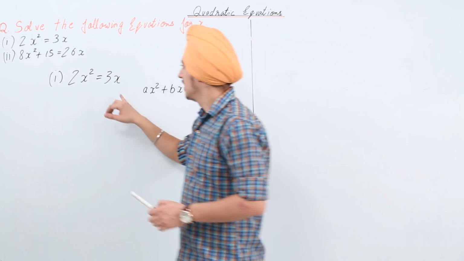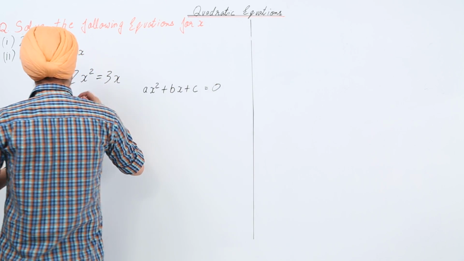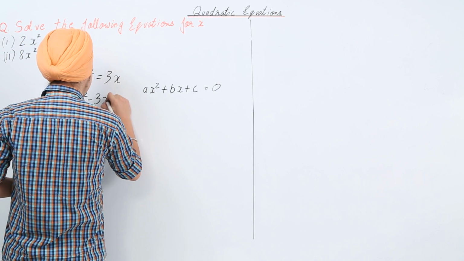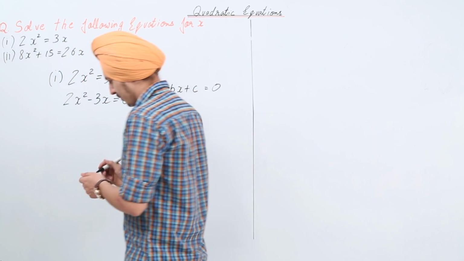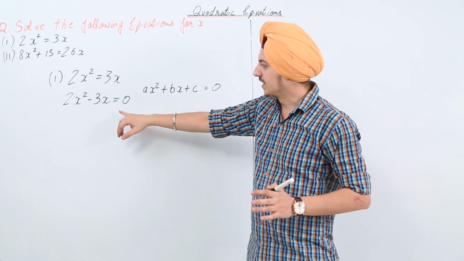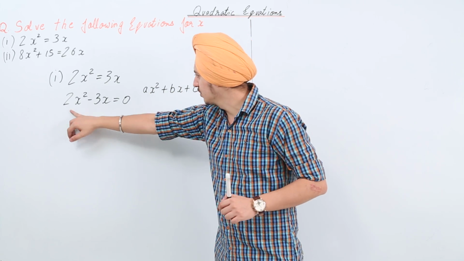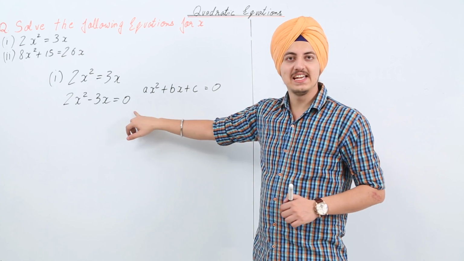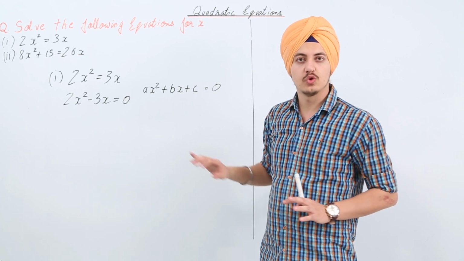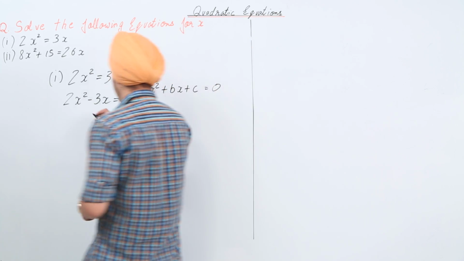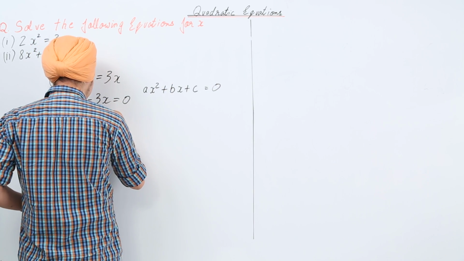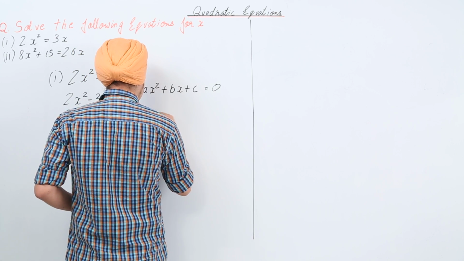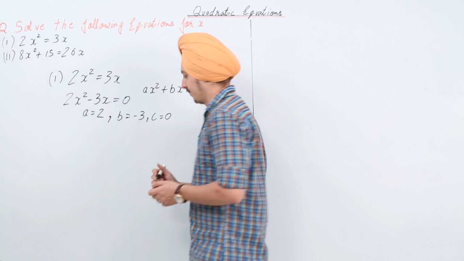We take this 3x to this side, which becomes 2x square minus 3x equal to 0. Now in this equation, a is equal to 2, b is equal to minus 3, and c is equal to 0 because there is no constant term.